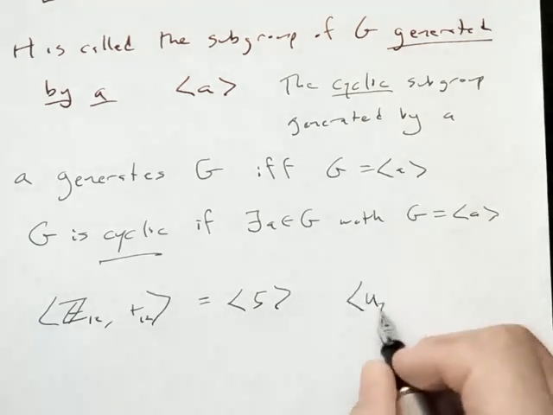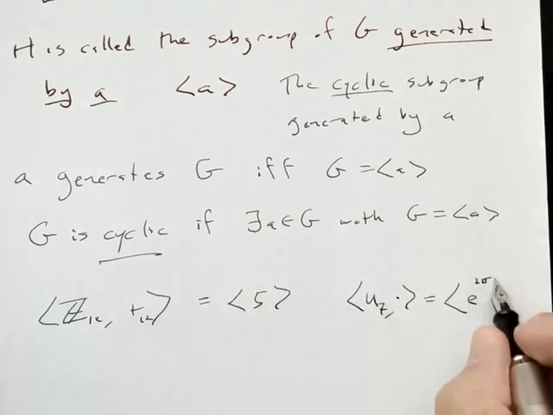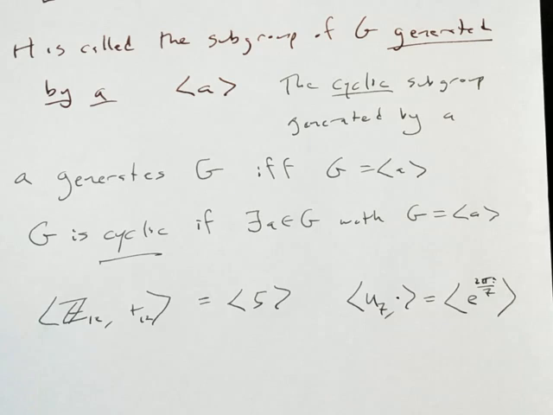Say that using under multiplication to the 2. Those are both cyclic groups. A cyclic group of order 12, a cyclic group of.